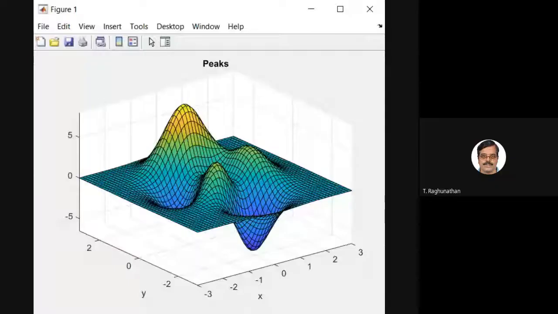Okay, so I got this by typing peaks in the MATLAB command window. Okay, now it's visible on your screen. So what it means is I should not switch too much because that's going to kill some time. Right. Okay, so this will be the last time. Maybe if we have time in the end, I'll show you one more demo.